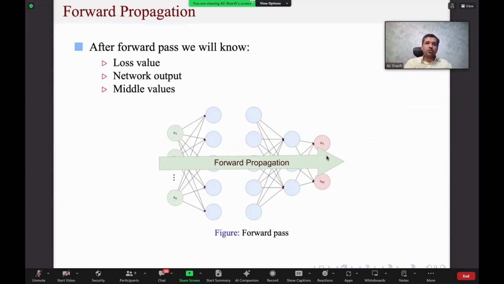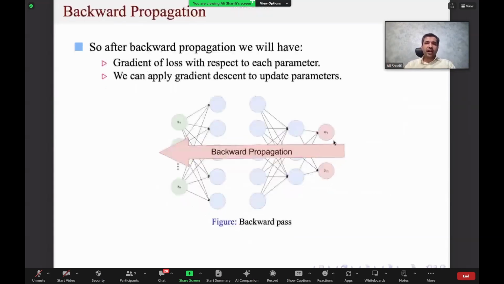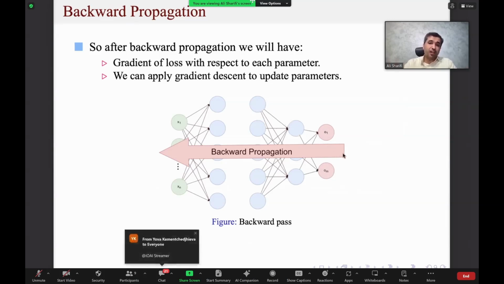And the idea is to back propagate the error in order to update the parameters here. And this is the back propagation. In backward propagation, we compute the gradients, and the gradients mean the derivative of the loss function with respect to each single parameter in all layers of the network.